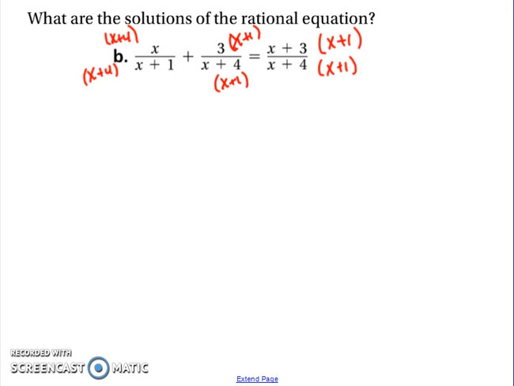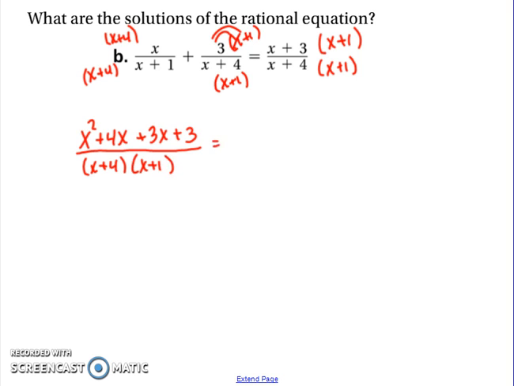So again, we're going to distribute the numerators. So I'm going to multiply x times x plus 4. So this is going to give me x squared plus 4x. I'm also going to distribute the 3 to the x and the 1. So that's 3x plus 3. And that's going to be over x plus 4, x plus 1.